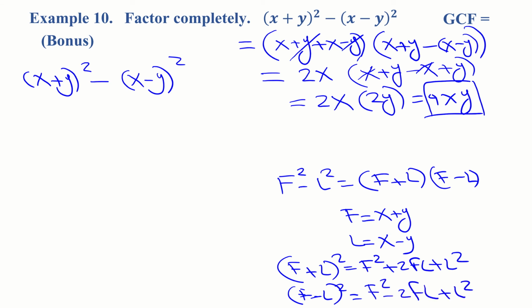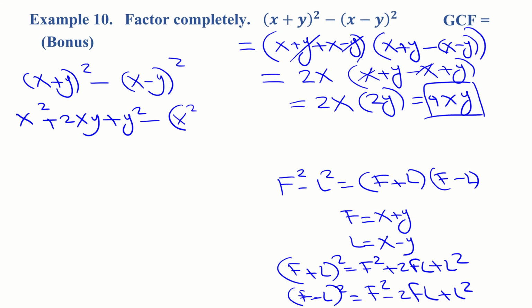So the x plus y squared using this formula from our past would become x squared plus 2xy plus y squared minus, we're going to need parentheses after a minus. Now we're going to do x minus y squared, which is this formula. So we get x squared minus 2xy plus y squared.